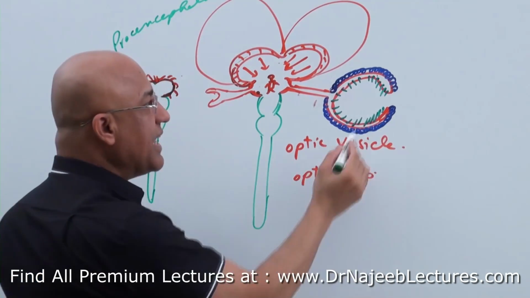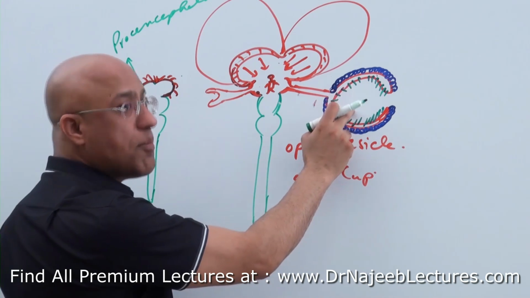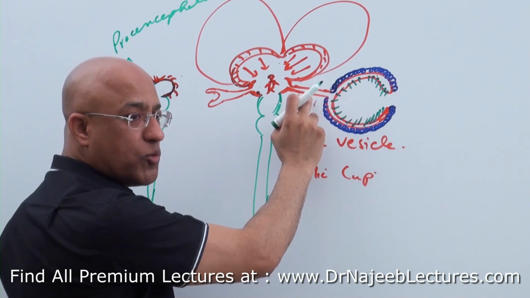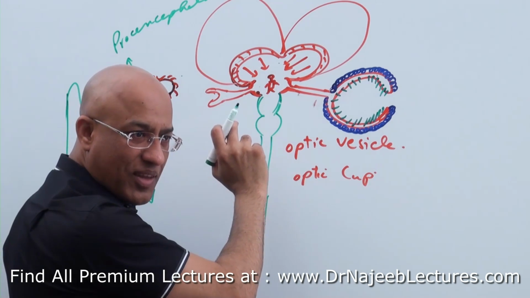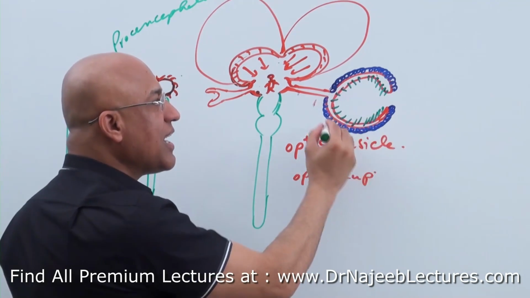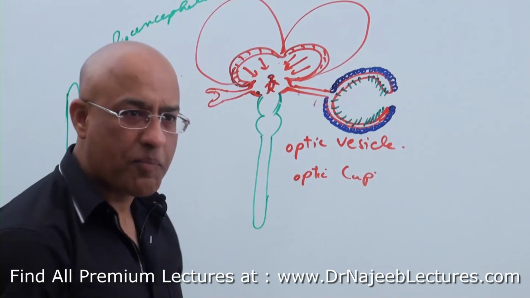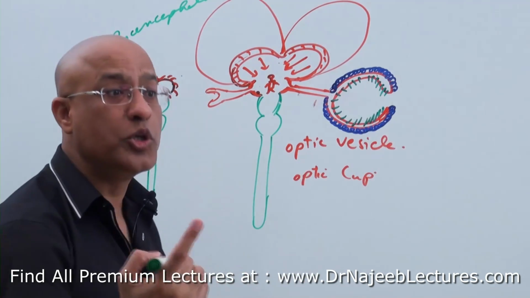Now listen carefully. Retina is derived from where? From the optic cup, which developed from the optic vesicle, which was coming from the diencephalon. And this optic cup had a double layer. The outer layer differentiated into the pigment epithelium of the retina, and the inner layer differentiated into the neuronal layer.